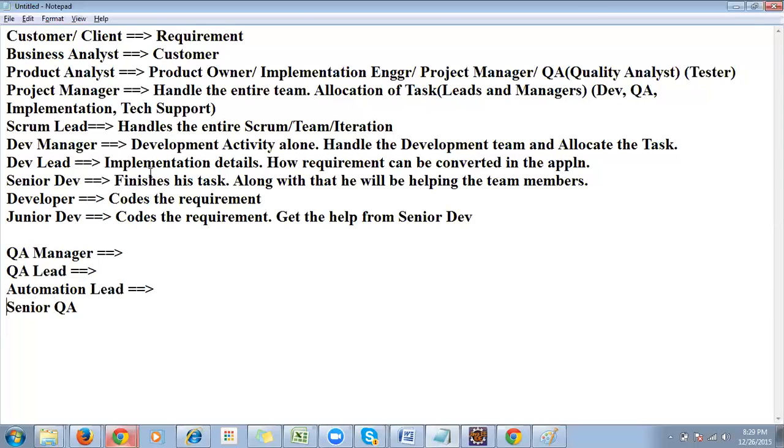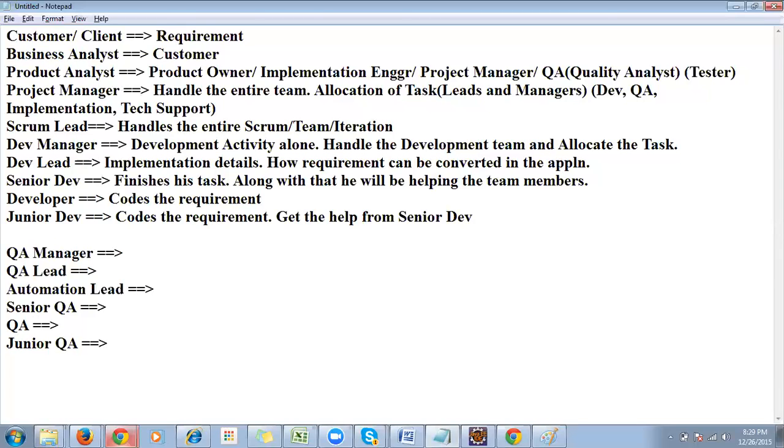Before that we have a senior QA, then we have the normal QA role. QA is quality analyst. Then we have software tester also. I'll tell you the difference between them. And then junior QA.